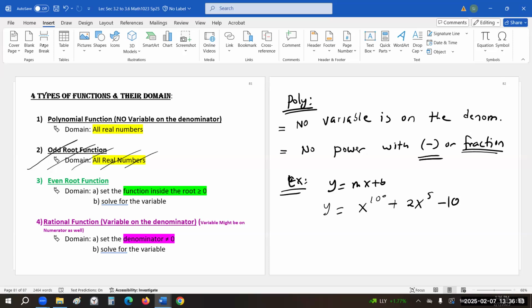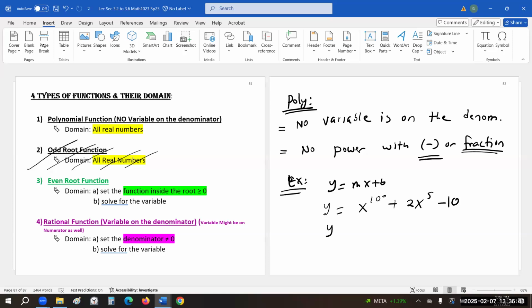Now, if you're working with polynomials, polynomials are those functions which don't have any negative power or fraction power, and none of the variables are in the denominator. Examples: a line. A line is a polynomial.